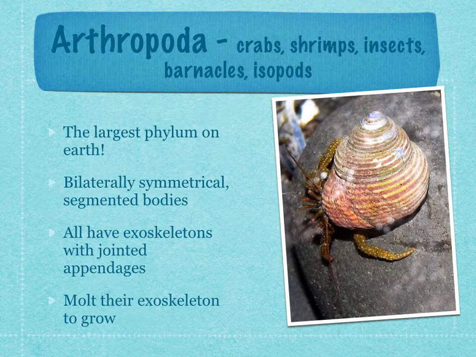Because their soft tissue is growing underneath their hard, rigid exoskeleton, they have to molt the exoskeleton to continue to grow. The hermit crab, in the picture to the right, actually has a softer exoskeleton. Therefore, they need a snail shell to give them some extra protection.